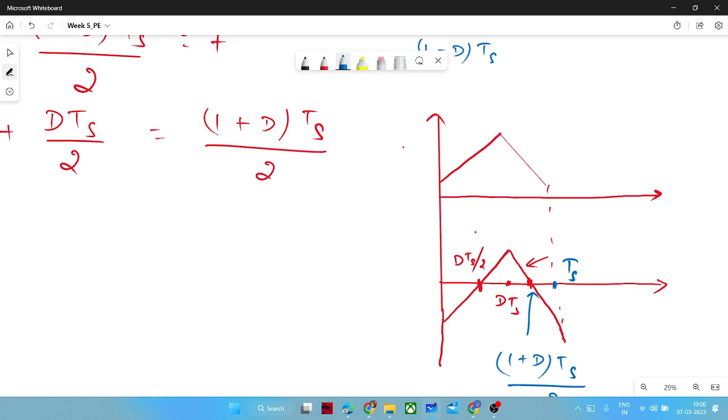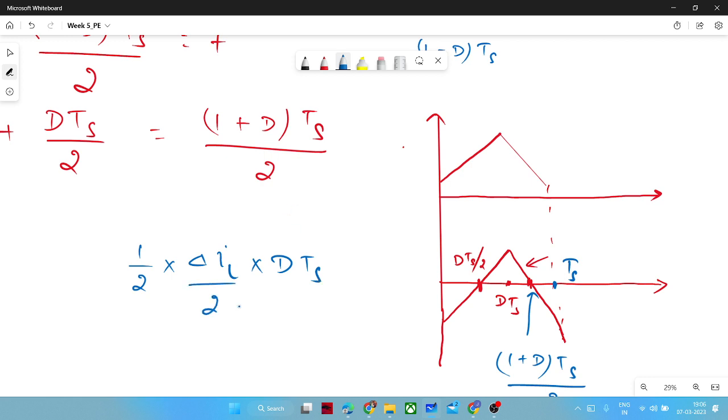But how can you say this DTS? You are saying half into del IL by 2 into DTS, right?